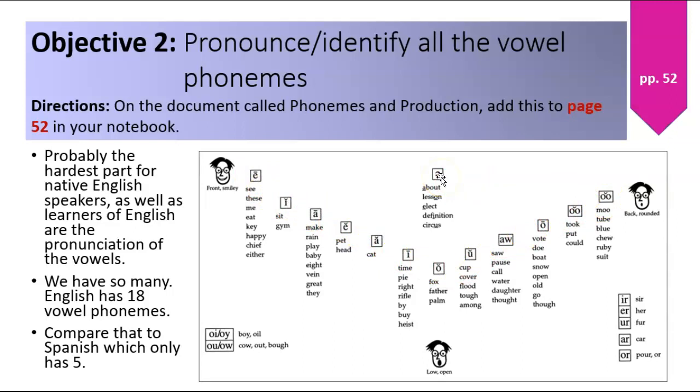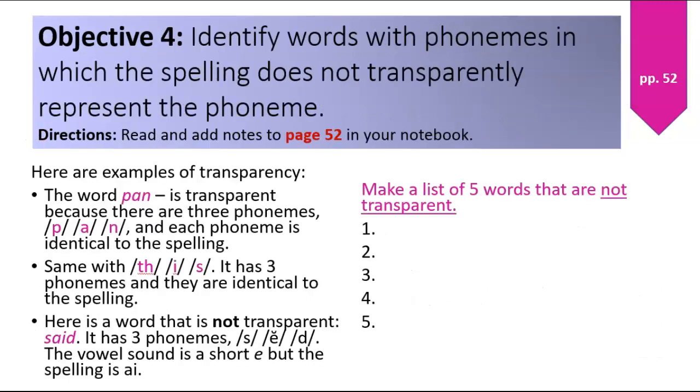This one on the top is called a schwa. Okay, we also have other ones on the bottom. You should see a lot of familiarity with the letter tiles in the app that we use. So look around, take notes, and see what is interesting and see if you can say all those words. When you're ready, go on.